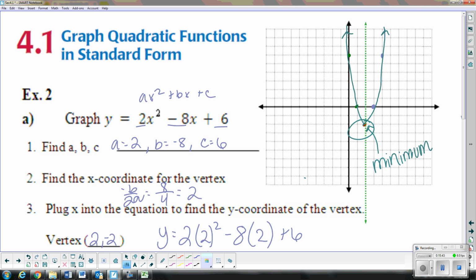I have a minimum because my parabola opens up. So my minimum is -2. For your minimum, you're always focused on the y-coordinate of the vertex. So in this case, we have a minimum. If it opened down, then we would have a maximum.